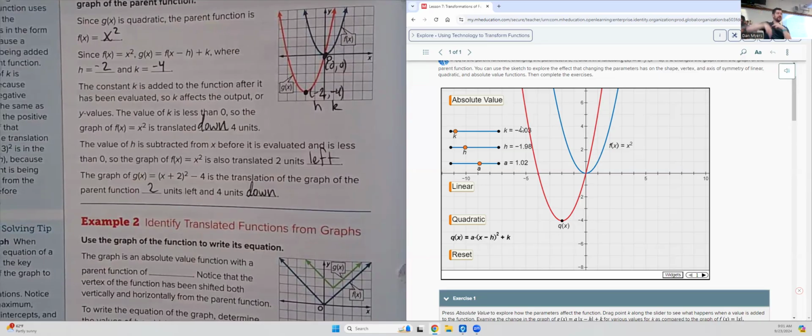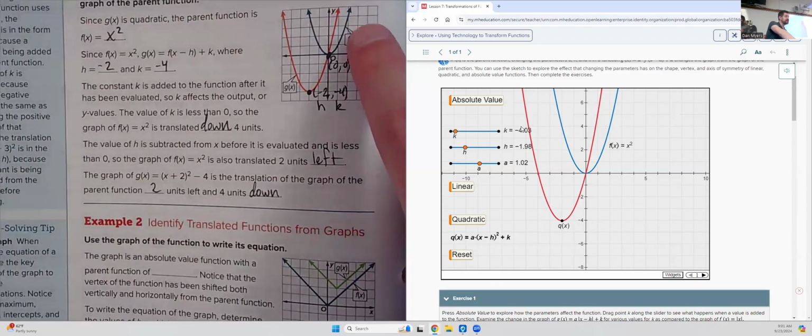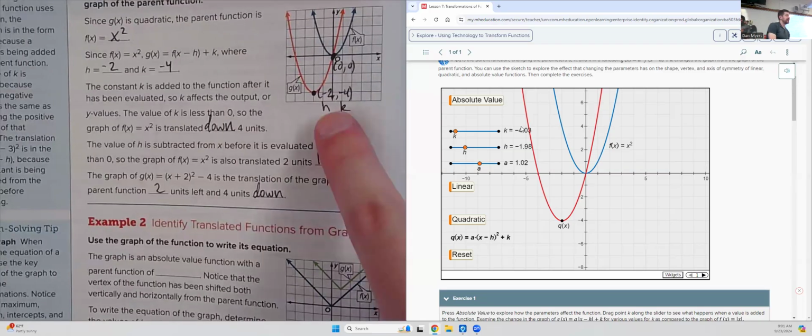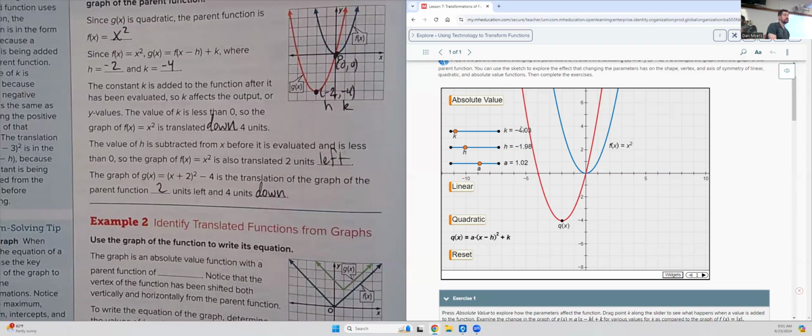Left 2, down 4. That's the only difference between the parent function and g of x here. It's been moved to the left 2, down 4. So the vertex is now at -2, -4 versus 0, 0. Any questions about that before we look at the absolute value for example 2?